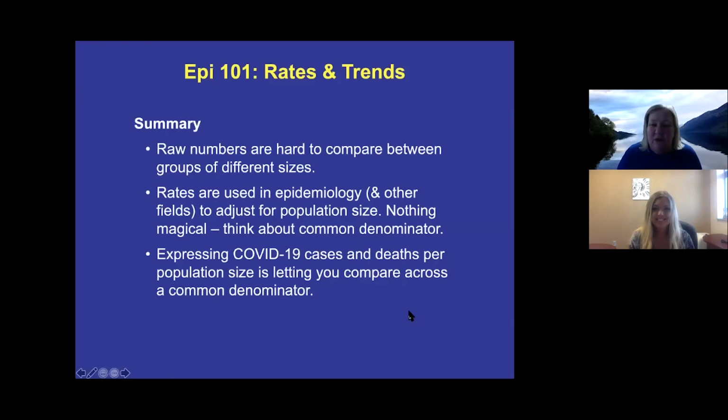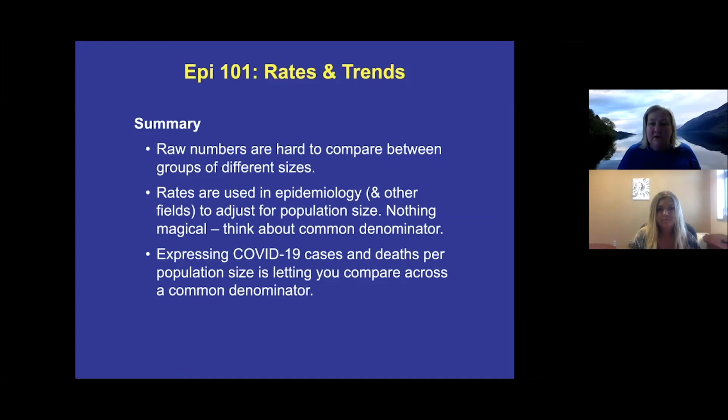So in summary, with these trends and rates, I just think it's important for people to realize that raw numbers are hard to compare between groups of different sizes. And rates are used in epidemiology and a lot of other fields. When you hear per capita, that is adjusting for population size. And there's nothing magical about it.